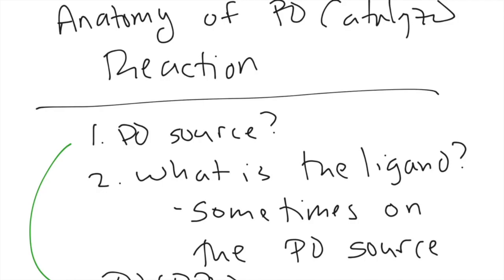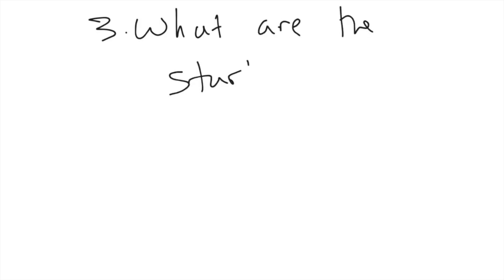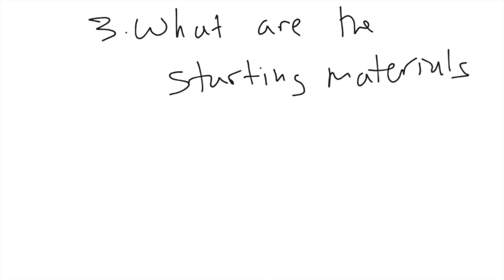Other times you'll add ligands to your reaction, and they'll be listed separately. And then the last thing, of course, we have another slide: what are the starting materials? I gave you a whole list of reaction names.